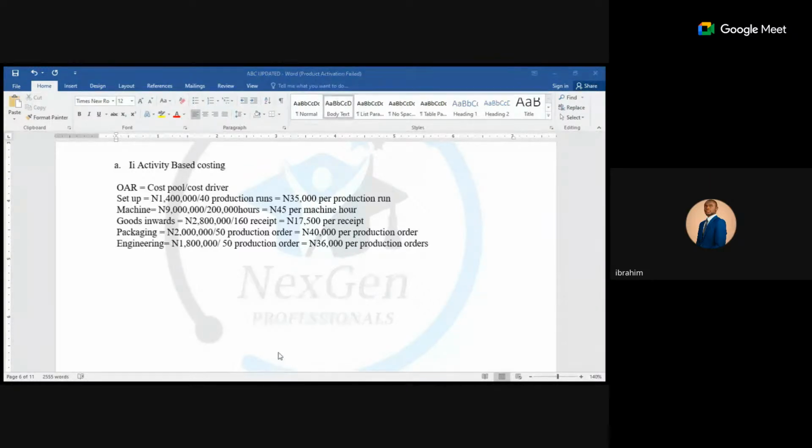It means that they will charge 45 naira based on machine hours. That is how they absorb their overhead. How many machine hours did you work? We'll pay you based on the hours worked, not based on accumulation like the traditional approach.